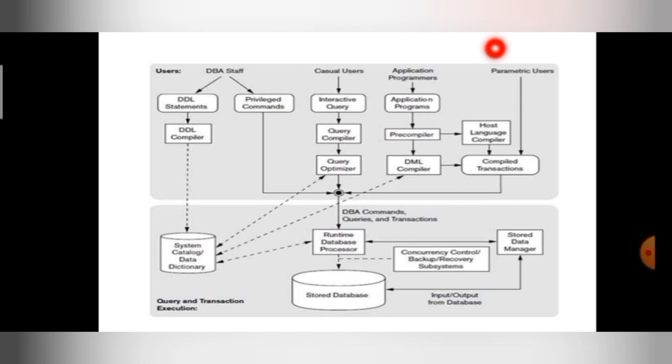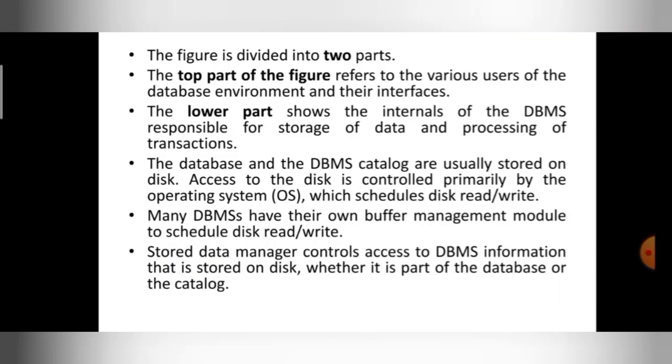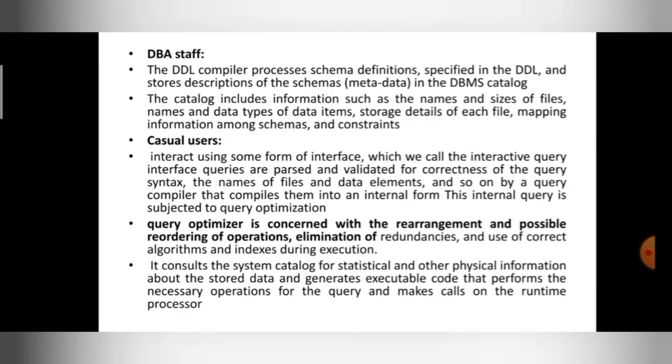And the query optimizer, what will it do? The query optimizer is concerned with the rearrangement and possible reordering of operations. Some operations may take more time, so it does some rearrangements to improve the optimization of the query.